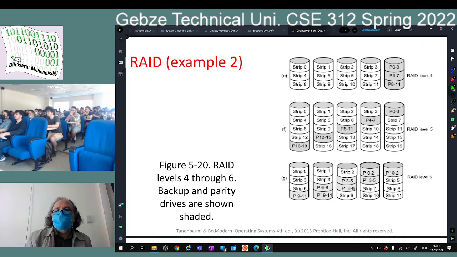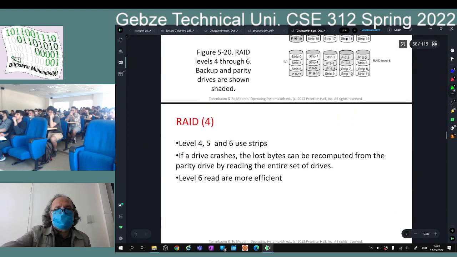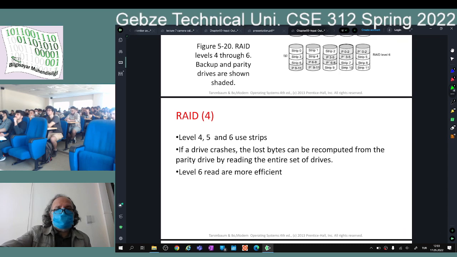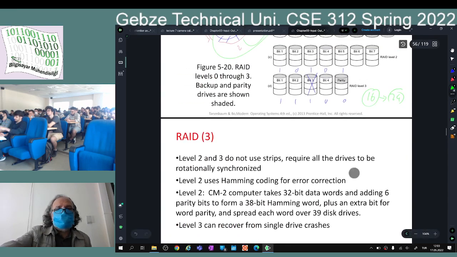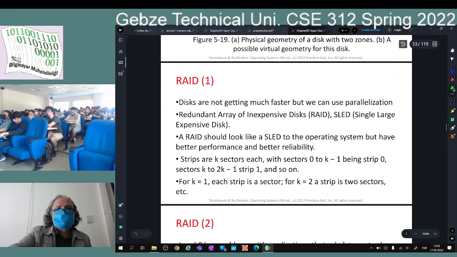Okay, so I gave you these 6 different types of RAID levels, and it looks like you can make up your RAID structure too. It is not that difficult to come up with a new idea, but the main idea is basically redundant array of inexpensive disks.